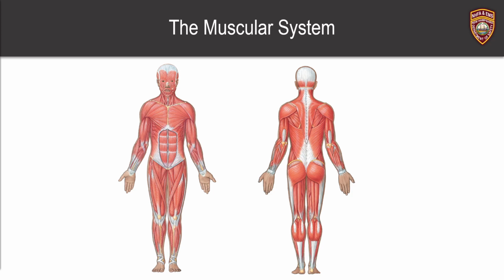So the musculoskeletal system gets its name from the coordination between the muscular system and the skeletal system. Without the skeleton, muscles would just be squishy balls of gelatin, and bones without muscles would just hang there like they do in the store at Halloween. So they are not much without each other.